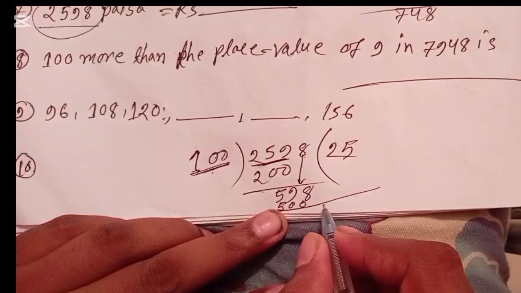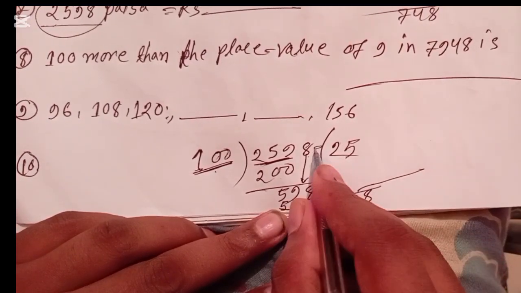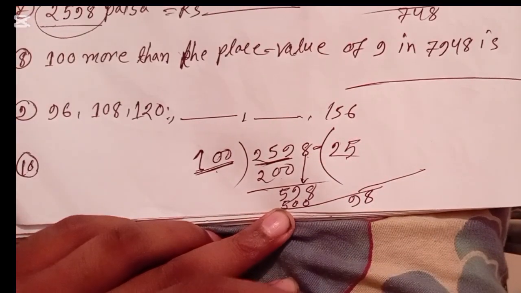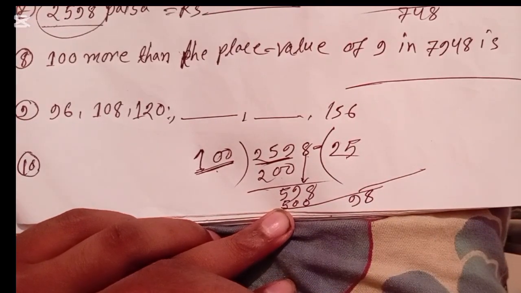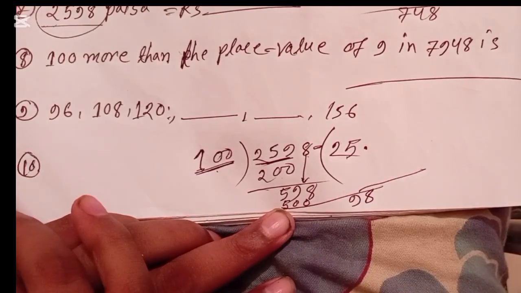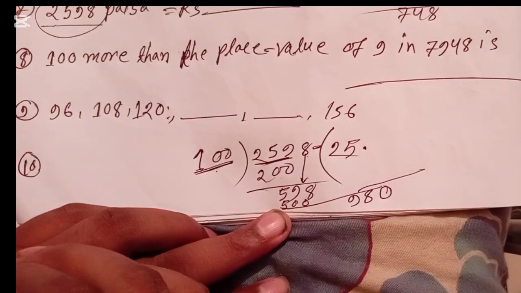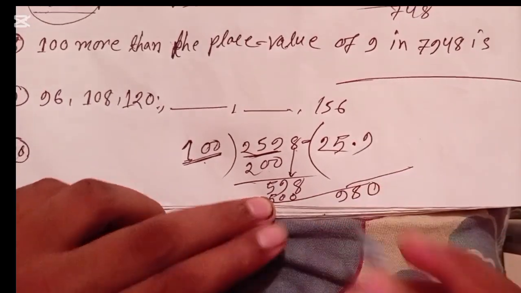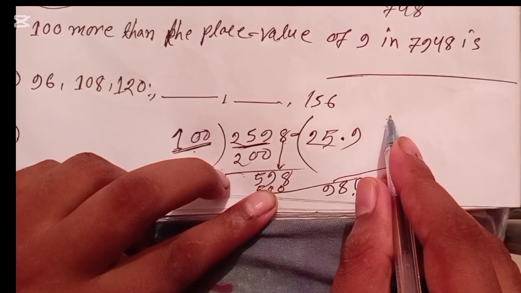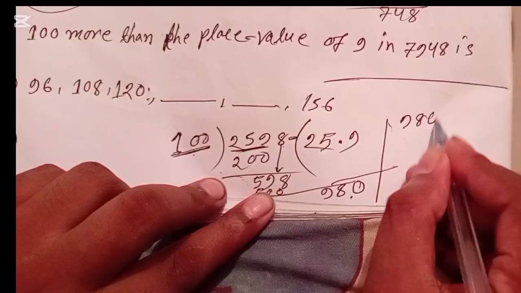Then we have to subtract this. So it will be 98, but there is no any number. So what should we do? We have to put here a decimal point, and put here a 0. Then 9, okay, there is no space, so I can write here 980.